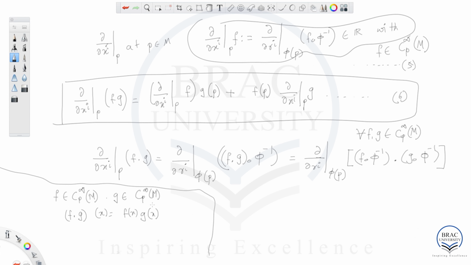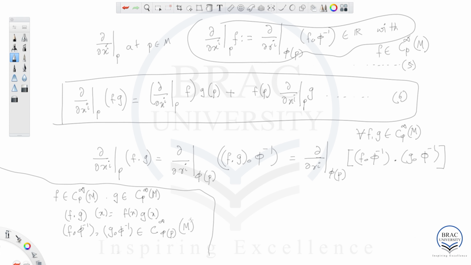Okay, and where are these guys living? f composed with φ inverse and g composed with φ inverse. These are also functions, and they belong to C^∞ at φ(p) of m, right?